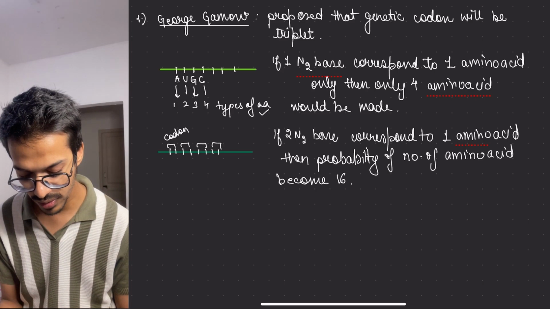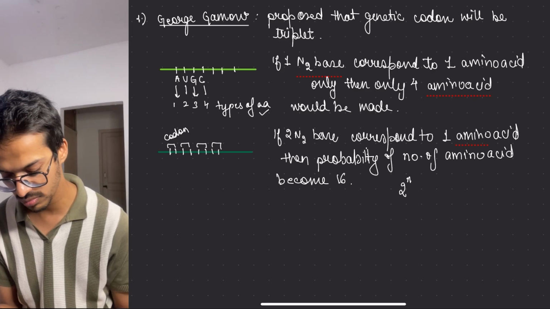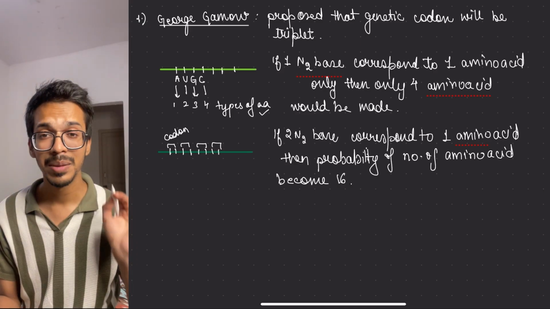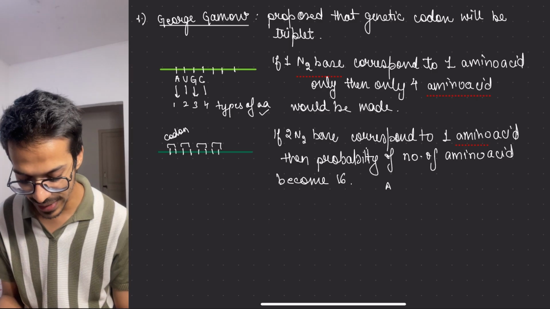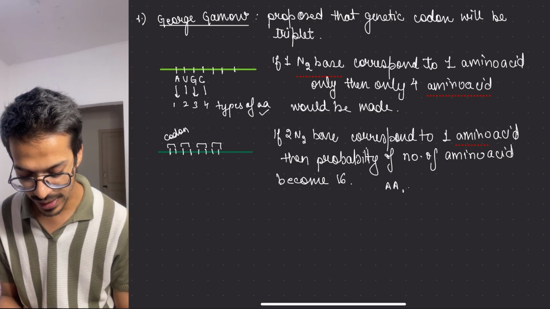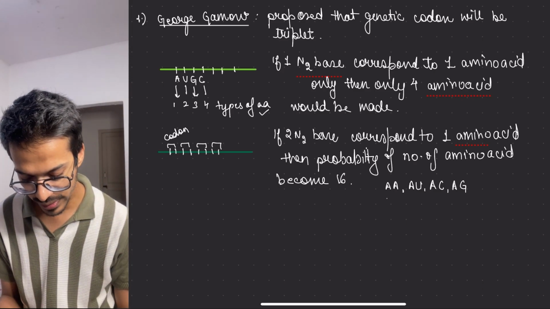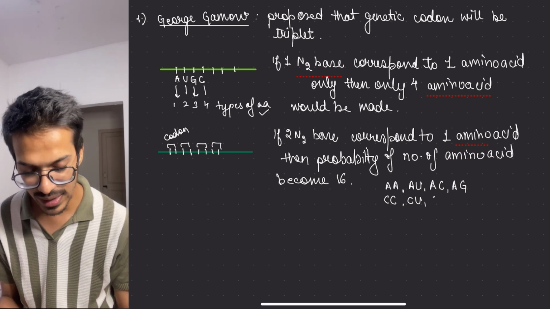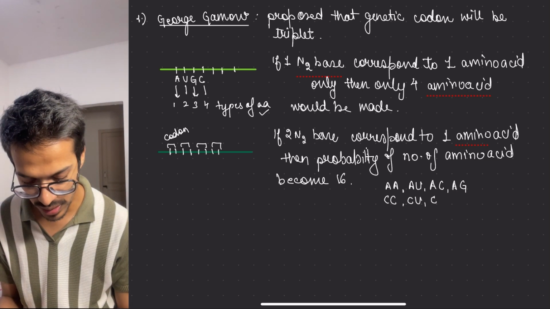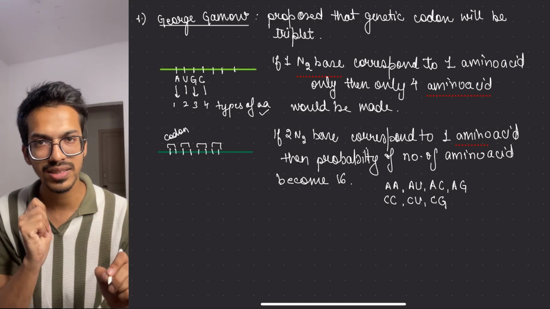If you see, it is 2 raised to power n. This is a tough one, so let's not write it in permutation form. Let's just write it like this: for example, this is A. A can make a bond with A, AU, AC, AG. All 4 are different. Then C can be there: CU, CA can't be made because it's already made, so CG.